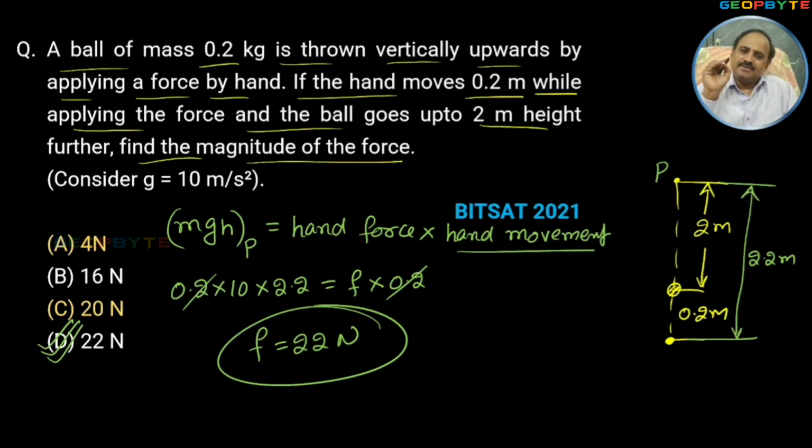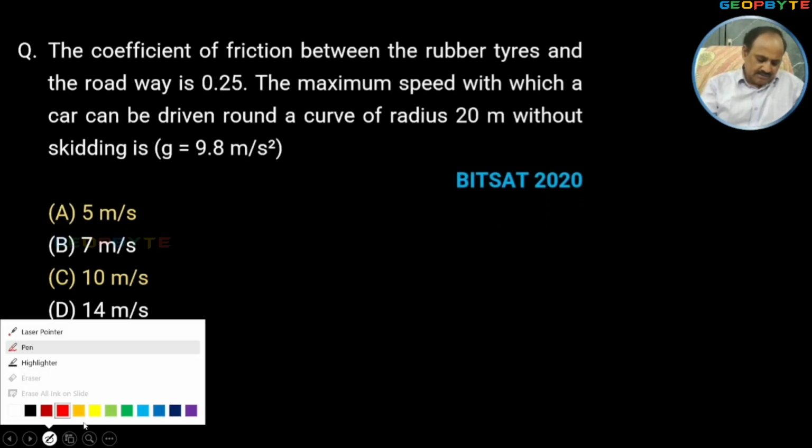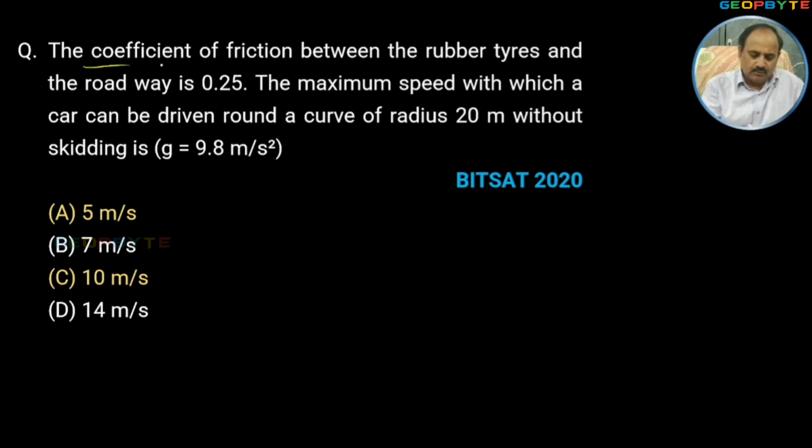Understood clearly? Yes. Similarly, let us take another important problem. Look at the screen. It is asking like this. The coefficient of friction between the rubber tires and the roadway is 0.25, coefficient of friction mu equal to 0.25.